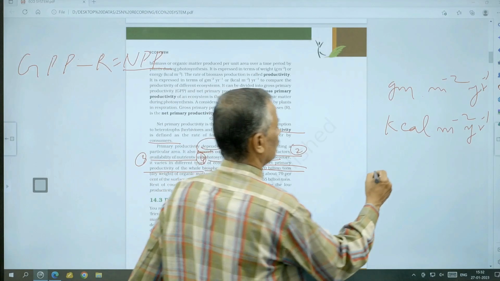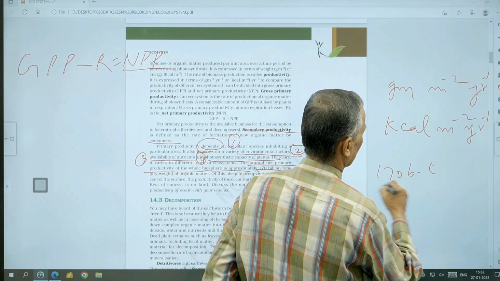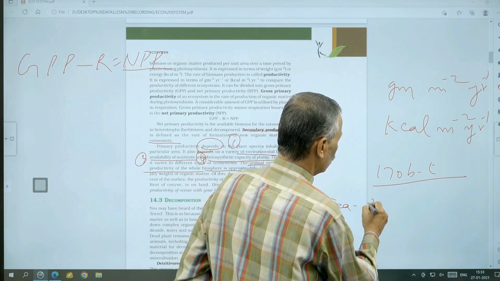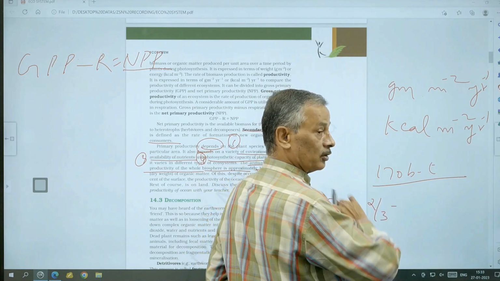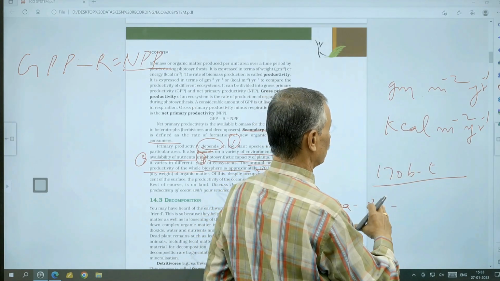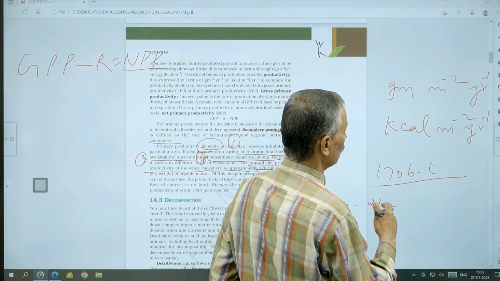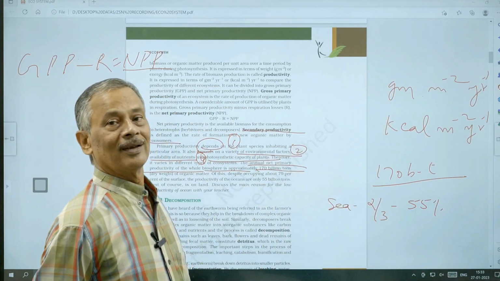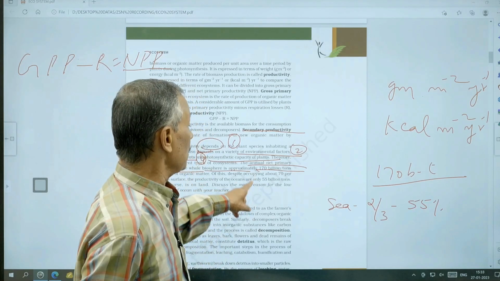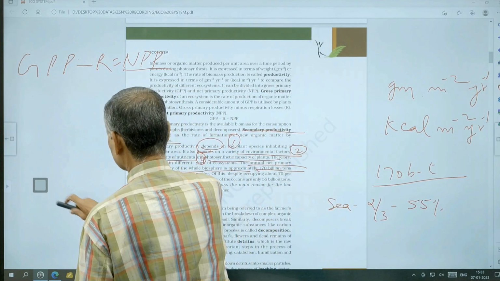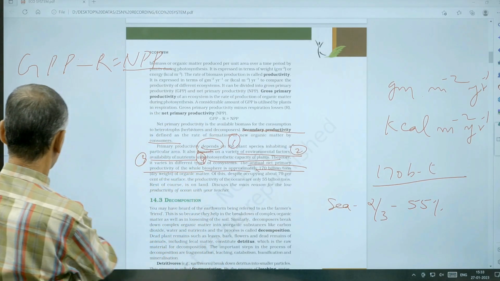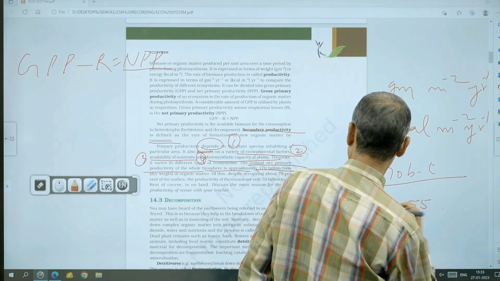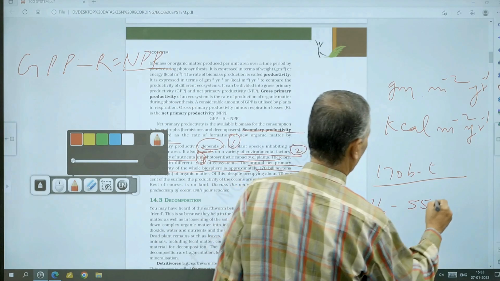Out of this 170 billion tons, the sea accounts for 2/3 of the surface area. 2/3 of the earth's surface is covered by sea, but it accounts for only 55 billion tons.